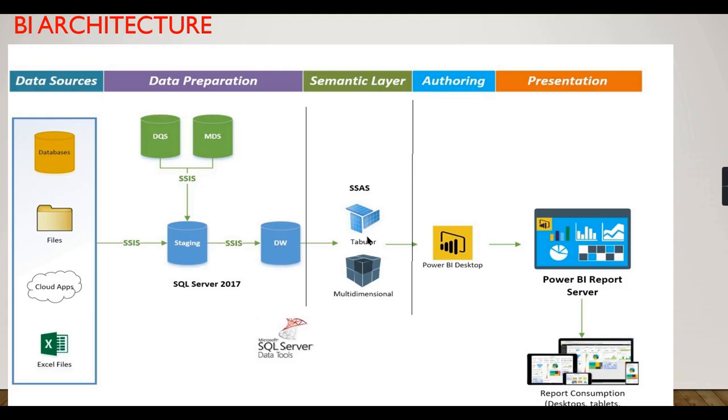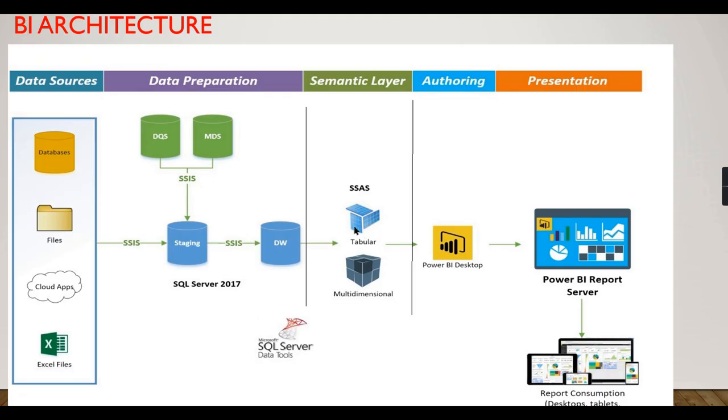So this layer is another server. Basically, this resides in the database engine. This resides in the analysis engine, like Microsoft SQL Server Analysis Services. If you install it, it will give you another server. So basically this is residing in another server.